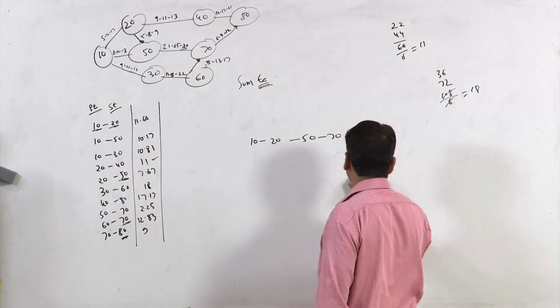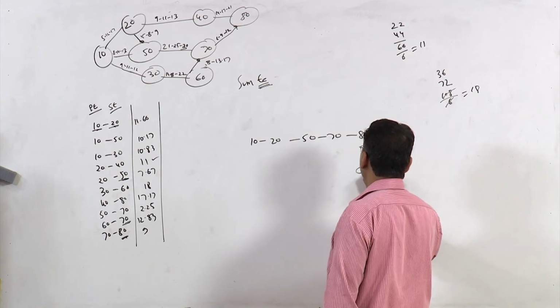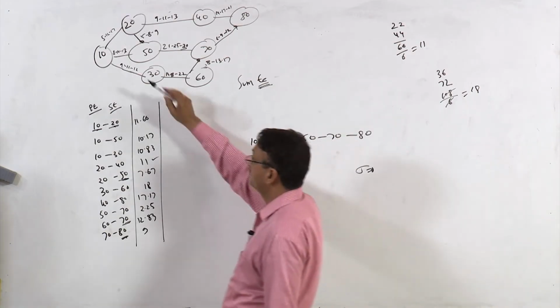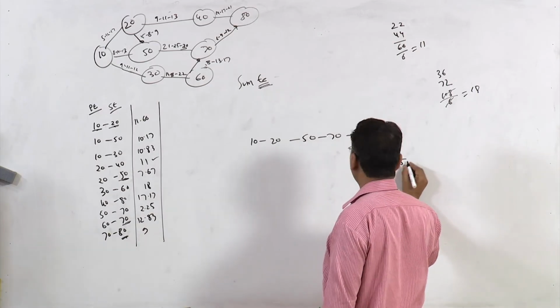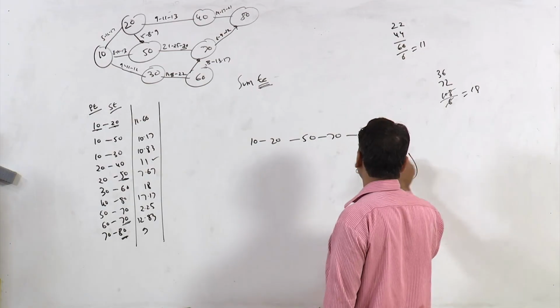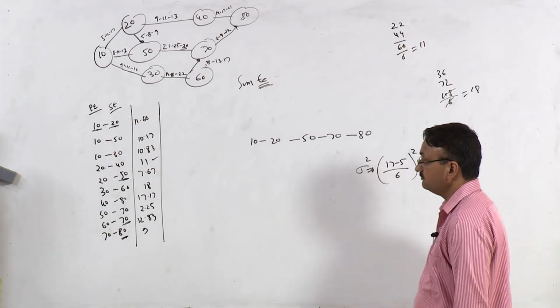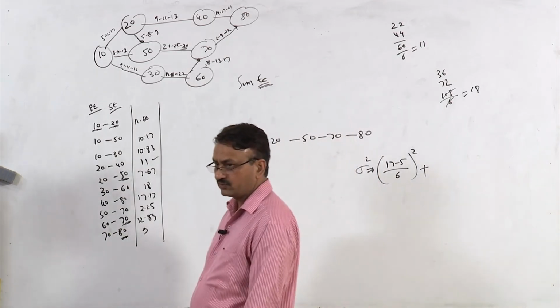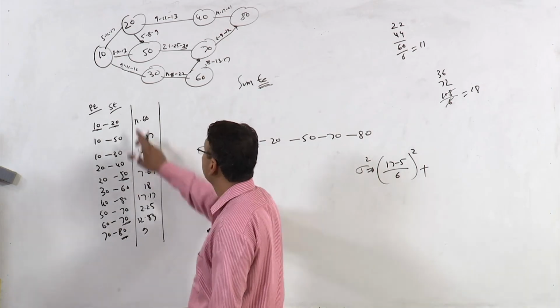So what is the standard deviation? It's 17 minus 5 divided by 6, and directly calculate variance, right, plus you have got 20 to 50.